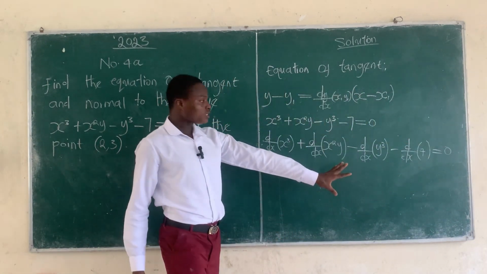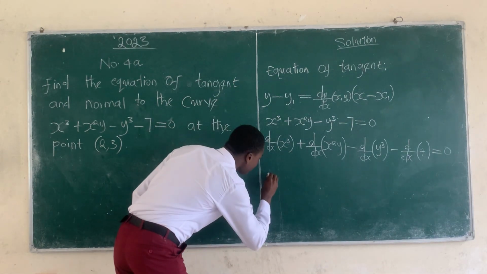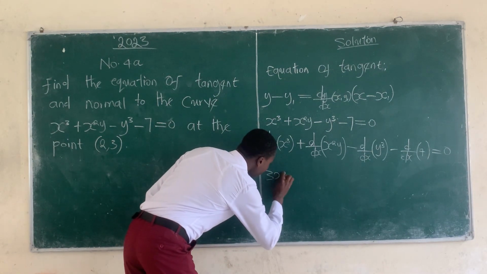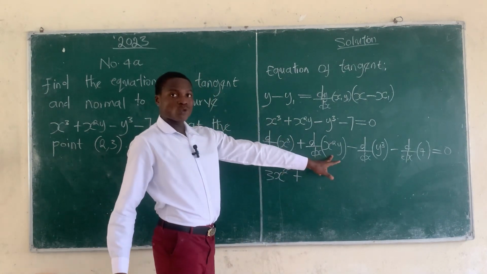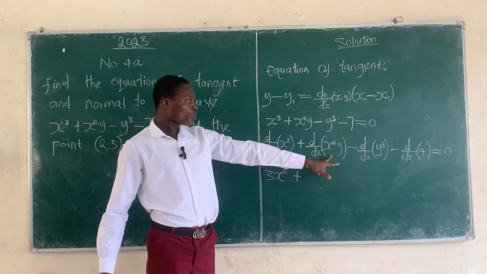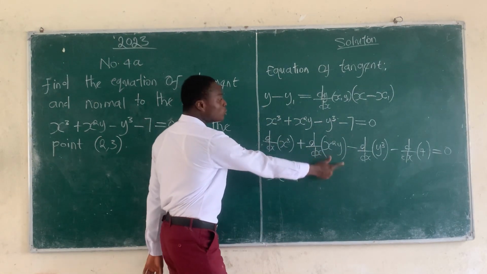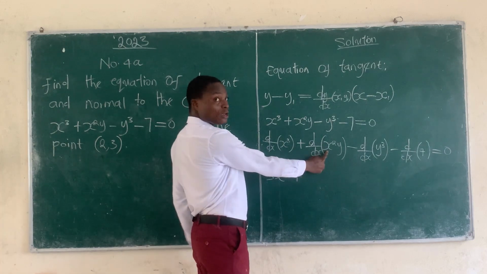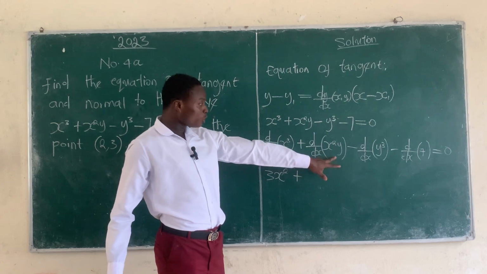Let's differentiate term by term. Differentiating x cubed, we have 3x squared. Plus, to differentiate x squared y, we need to apply the product rule. You can check question number 2, where we solved a problem like this.